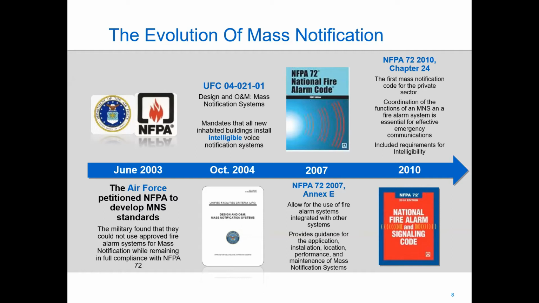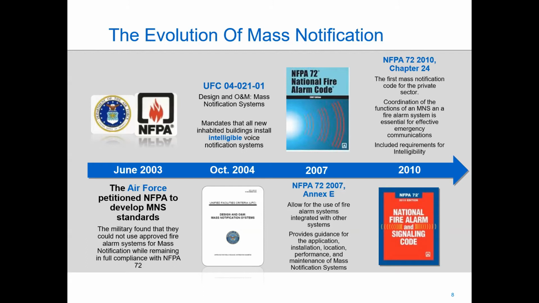Eventually, NFPA started moving forward. Voice became very popular. Intelligibility with voice became popular. Exterior became popular. All this was added into the annexes of those NFPA guidelines when we're talking commercially. And finally, in 2010, they took it and gave a chapter for mass notification for the private sector, the commercial world.